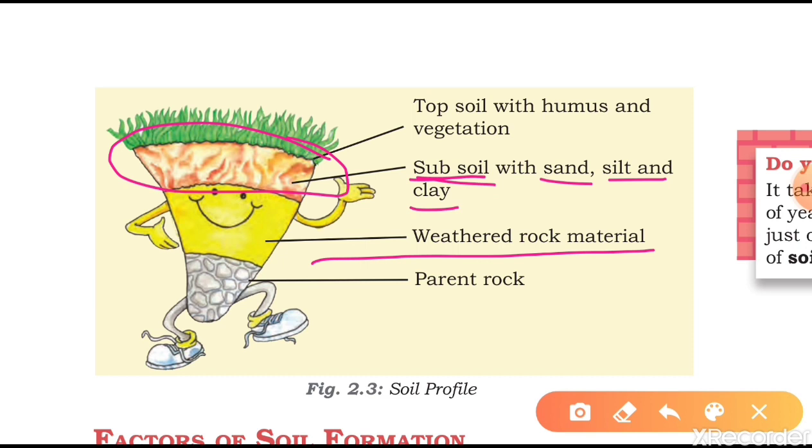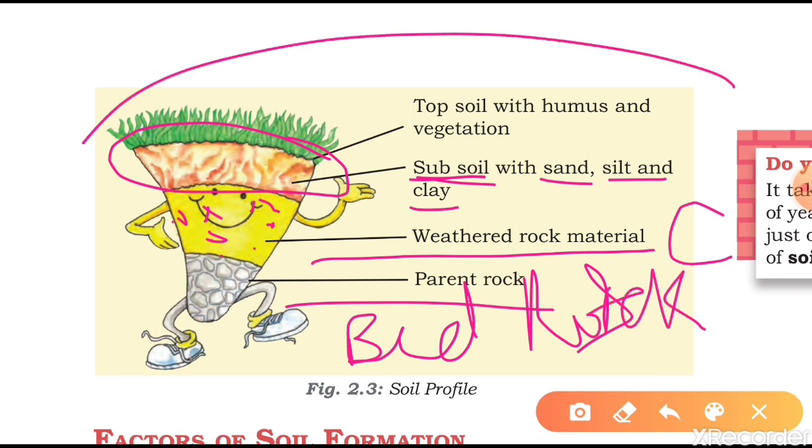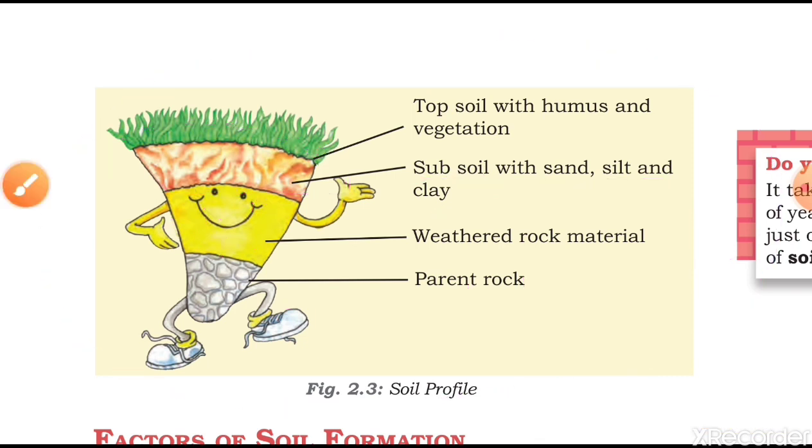These are the smaller particles of rock which have weathered. This forms the third layer or the C horizon of the soil profile. The last one is parent rock or the D horizon. This is the complete bedrock. Okay, so these are the four layers of soil.